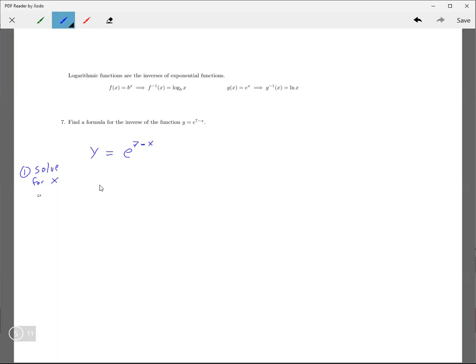Okay, so in this case, because the natural logarithm is the inverse function of the e function, I'm going to apply that to both sides of this equation. Okay, and because the natural log is the inverse of this, that means that if I have natural log of e to the x, that's just going to be x.